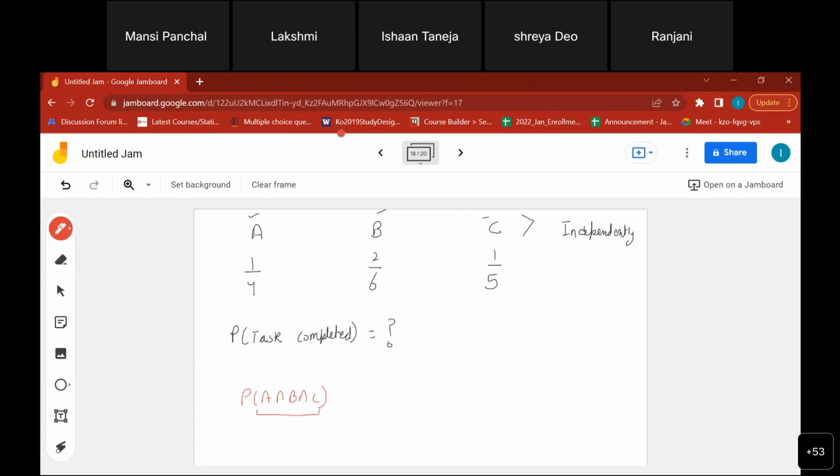A and B and C. The task can be performed by any of the three, or all three. So the task is performed by all three. The respective probabilities of them completing it are 1/4, 2/6, and 1/5. What is the probability that I will get the task completed?